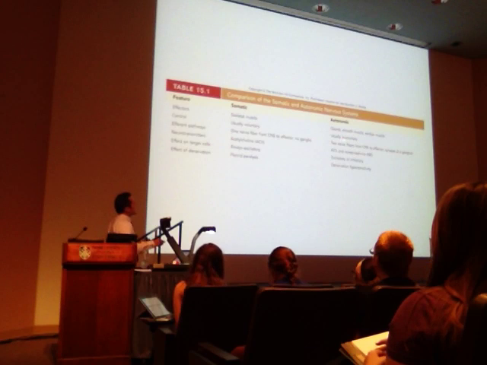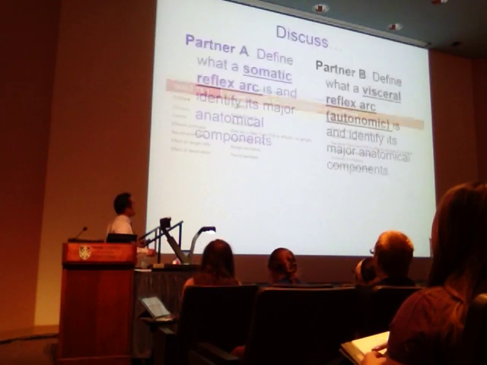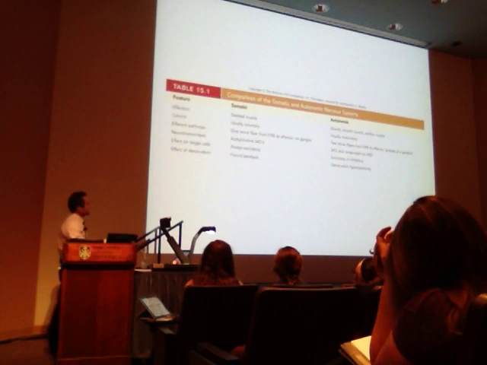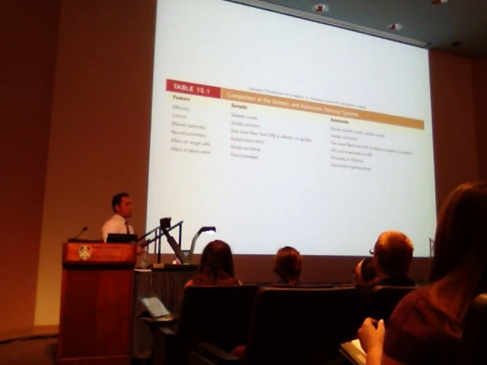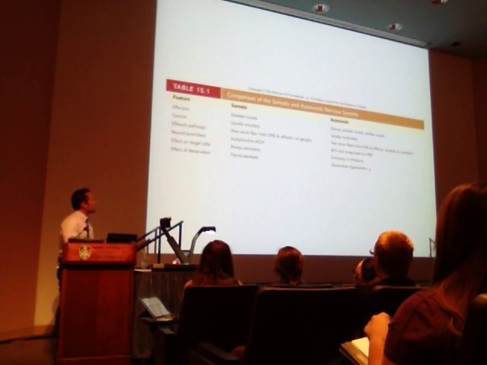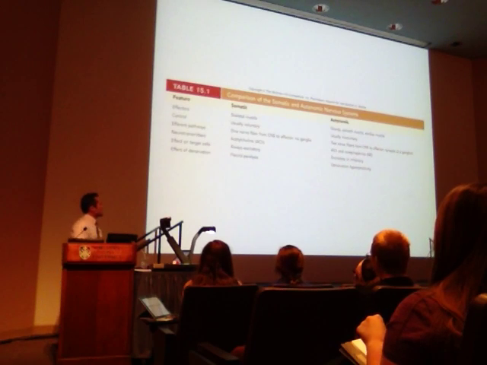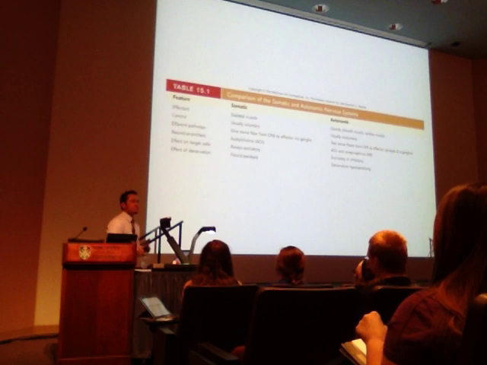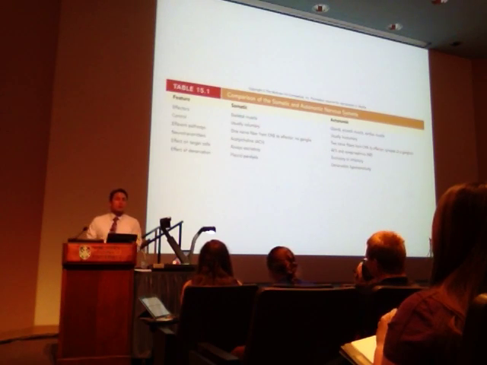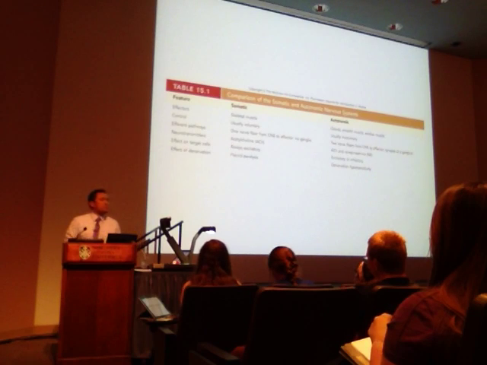It's usually involuntary. You have two nerves from the central nervous system. There's a synapse in between. Let's just double check that. Yes, I agree. There's the synapse in between. Okay? It could be excitatory or inhibitory. And if you cut the nerve, you get what we call denervation hypersensitivity. So it becomes overly sensitized with a nerve cutting.